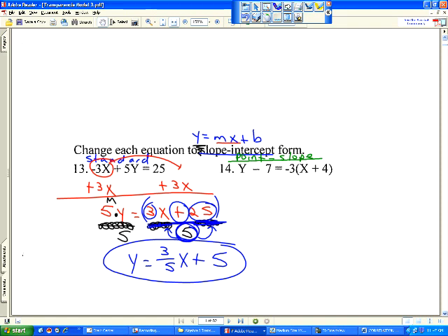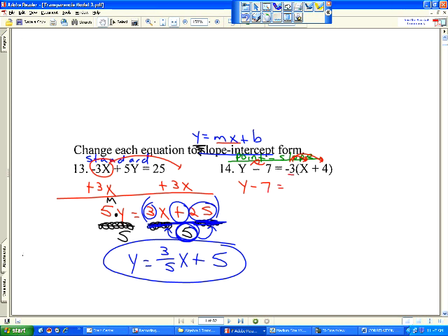To go from point slope form to slope intercept form, you distribute and then undo the y sub 1 thing. Distribute and undo the y sub 1. Which one do you do first? You distribute first because you do before you undo.